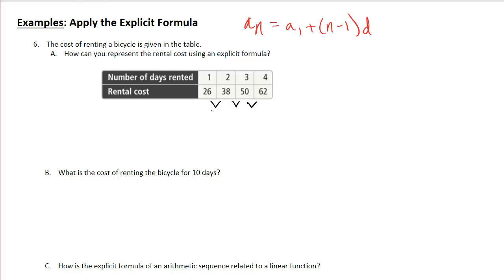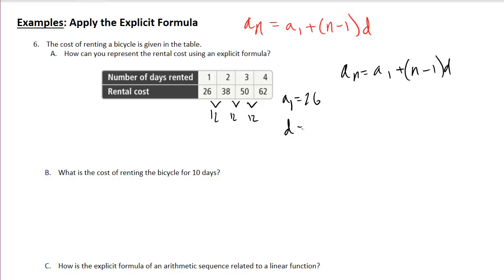So I have 26 to 38 to 50, and so on. So it looks like I have a constant change of 12. So if I have my formula there, so what do I know? Well, I know that my first term is equal to 26. I see it right here, first term.